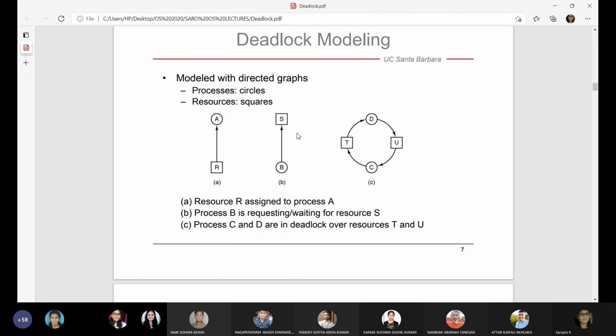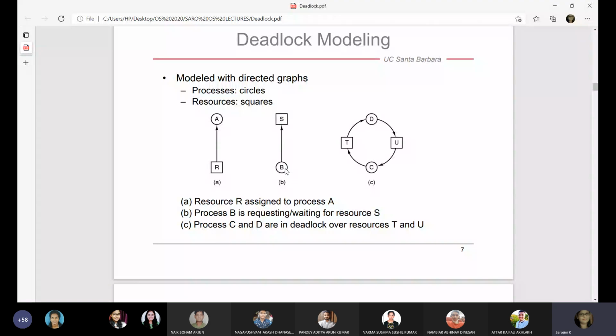Now look at this diagram, process B. Always go with respect to the process. Between one process and one resource, there is an arrow. Process B is requesting the resource Y. It is not possessing or holding the resource Y. How am I saying it is requesting?